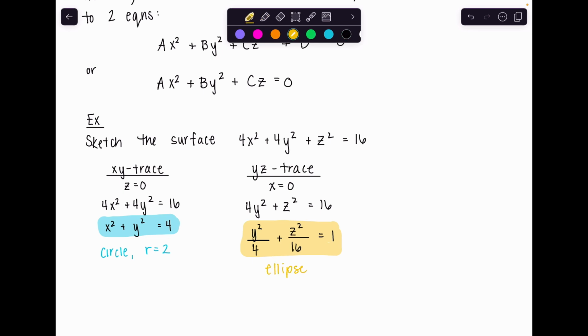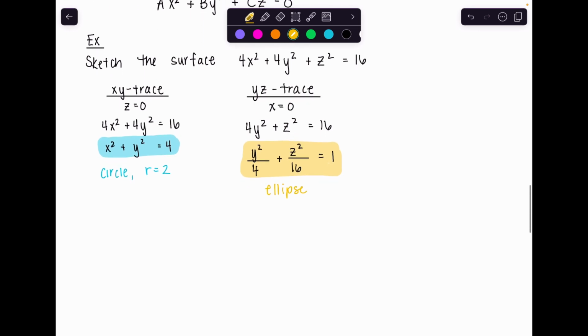Like I said, you want to be comfortable graphing these, but just to show you here, if you were to graph this thing, here is the y and the z. Your center is at the origin because it's y minus 0, z minus 0. So your center point is right here. This value of 4 tells you you're going to move 2 from the center in the y direction.